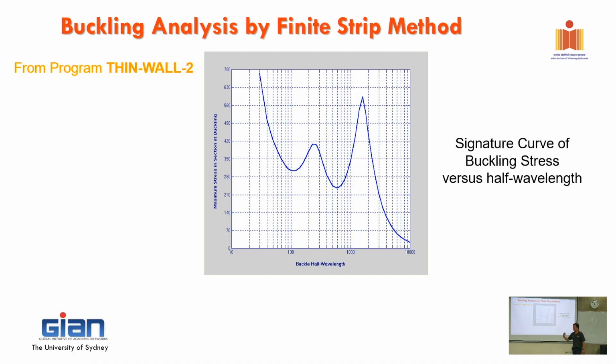It's going to give you buckling stress, or it will give you load factor. They're all the same, right? Load factor means that if you apply the initial load, whatever, and you just multiply with the load factor, you get a buckling load. Or buckling stress, you back calculate from stress to load. It's very similar. So this is the buckling stress or buckling load. This is the halfwave length. Right.